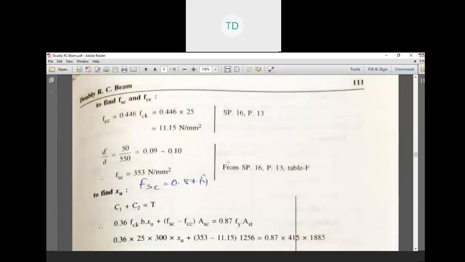As a sequence of analysis, first we have to find fsc and fcc. Find fcc is equal to 0.446 fck, we get 11.15 Newton per square mm. Similarly, from SP16 table, d dash by D is equal to 0.09, similar to 0.10, and for Fe415, we can take 353 Newton per square mm.